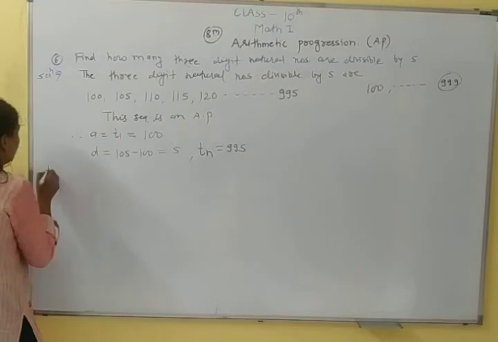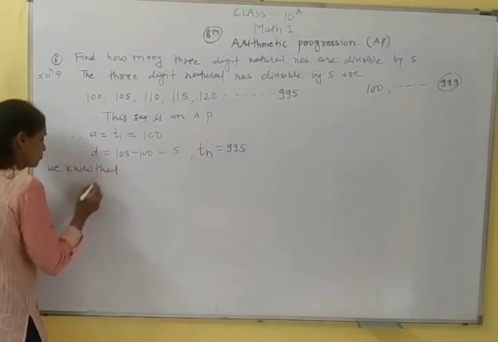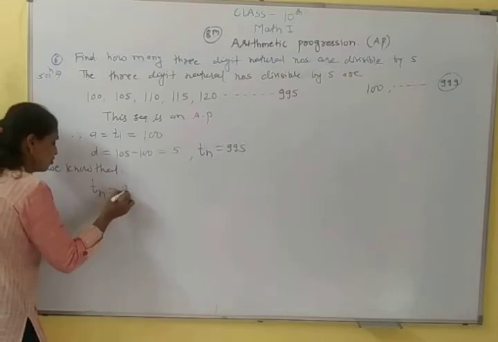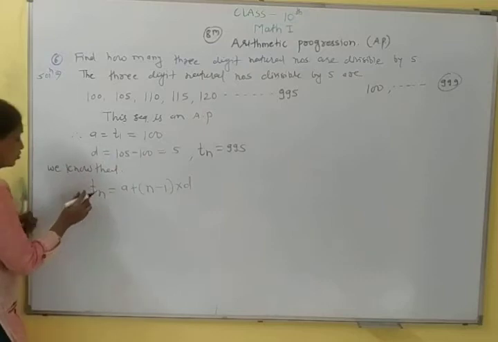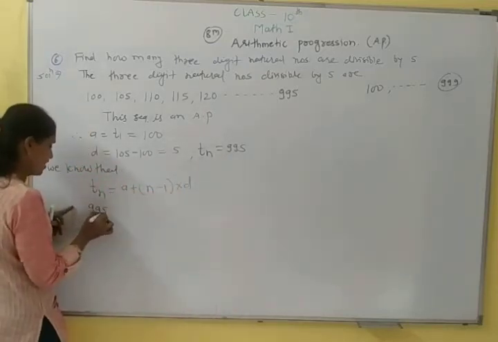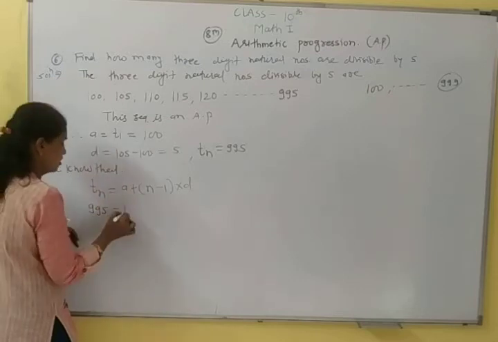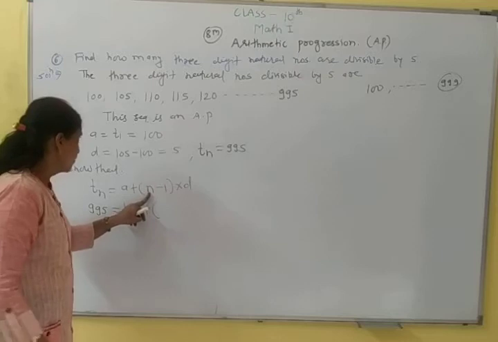So we know that Tn equal to A plus n minus 1 into D. So Tn equal to 995. Put here 995 equal to A which is 100 plus n minus 1 into D which is 5.